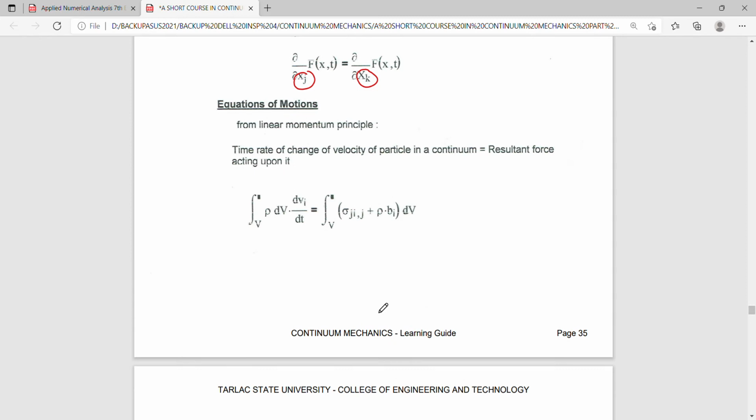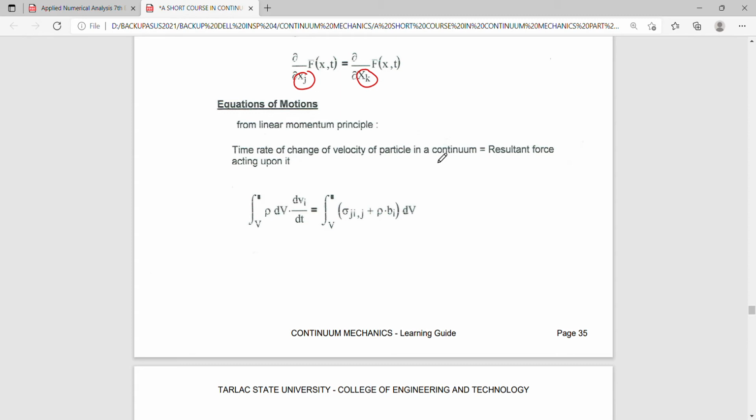So for the equations of motion, we have derived this a couple of times. We have encountered this, and let's just define that the linear momentum principle in terms of the equation of motion simply gives you the measure of the time rate of change of velocity of a particle in a continuum.